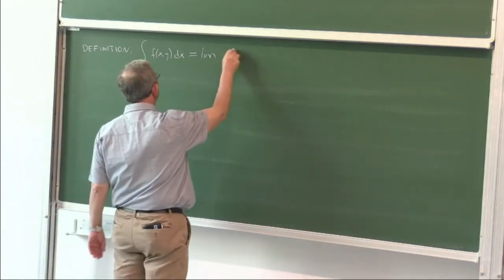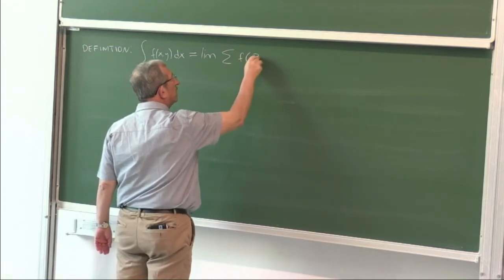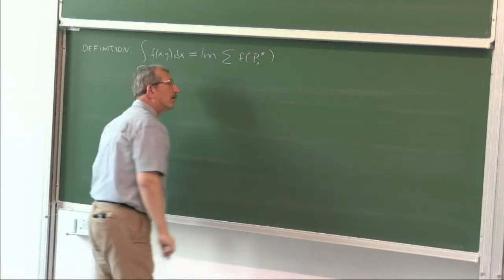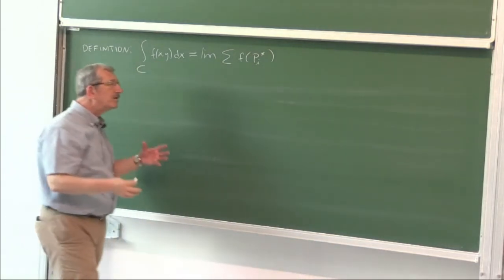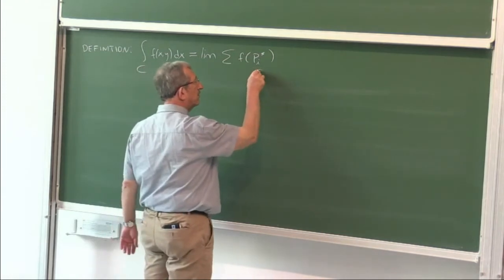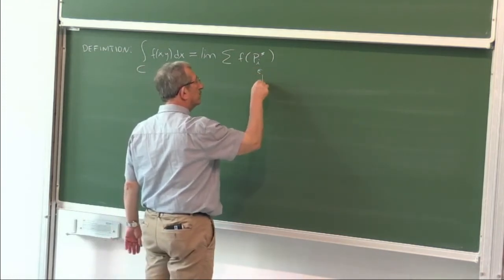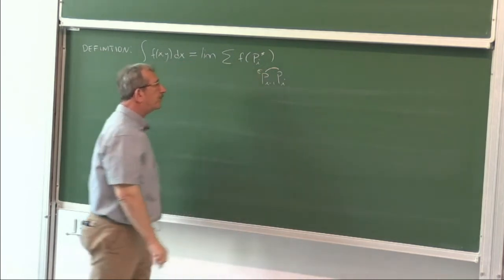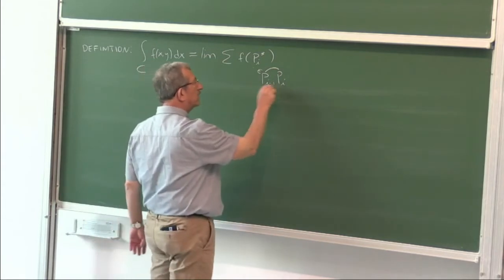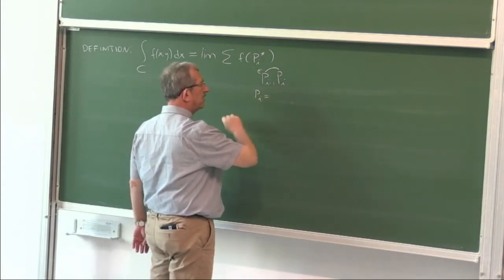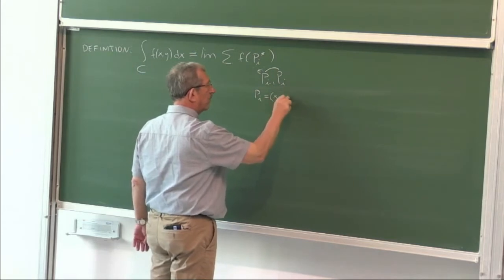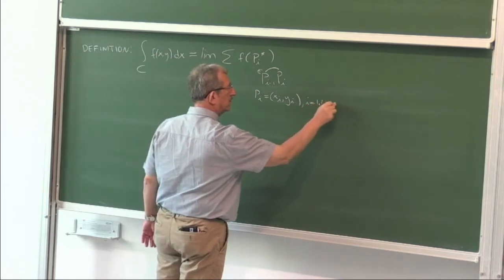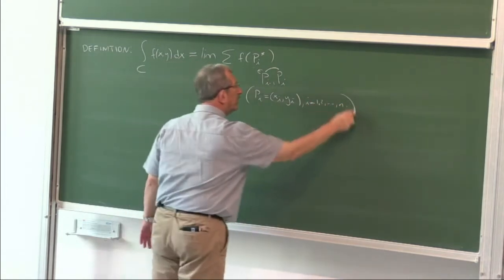So it is the limit of the sum of f of Pi star, which I can consider as a point in the arc Pi minus 1 Pi, where I will consider Pi's as (xi, yi) in general, thinking of this as a partition.